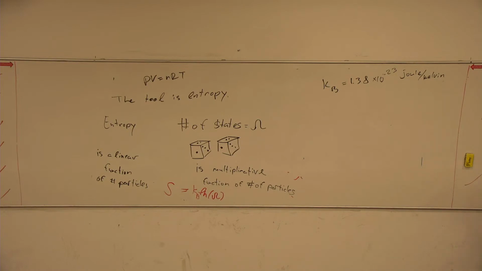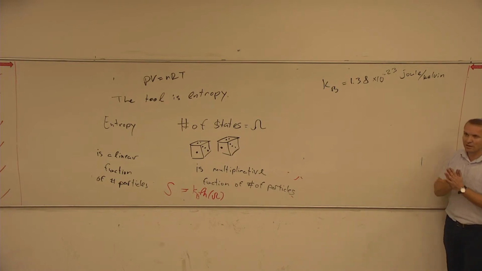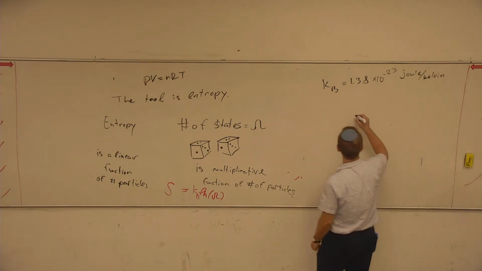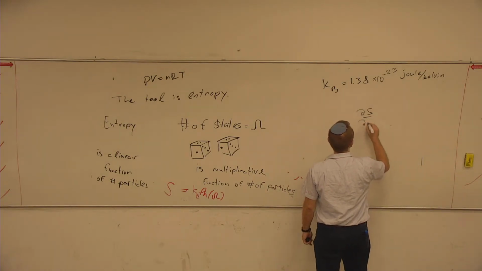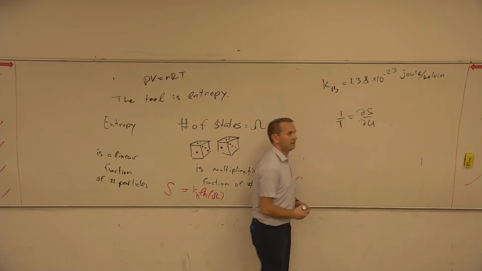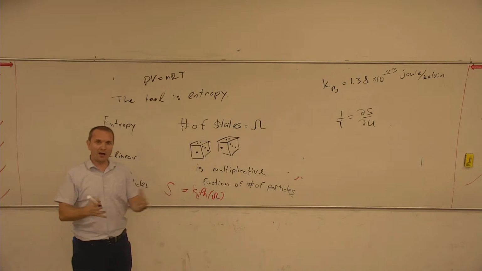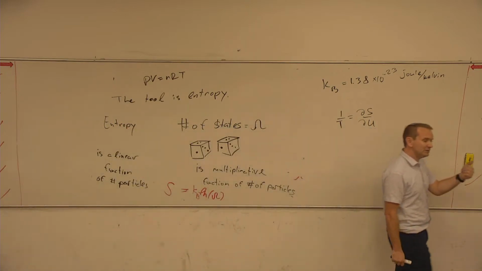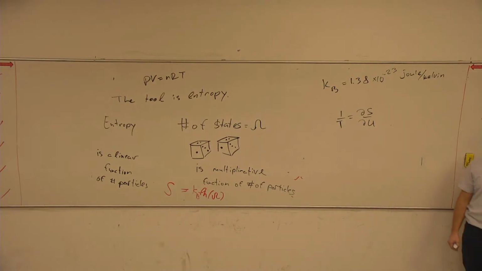All right, so now we have a tool. We can have our entropy, okay? And the moment that we have entropy, we can do all different stuff, right? Because you remember, if I have entropy and I take dS/dU, it equals 1 over T. So if I know how to compute the number of states in my system, I assume that the probability of each state is uniform, okay?